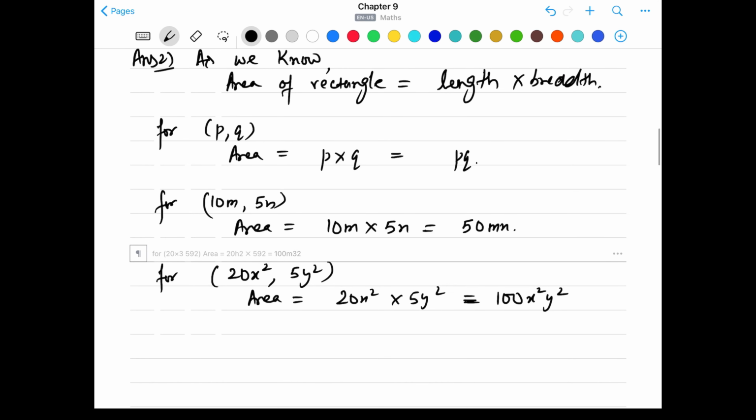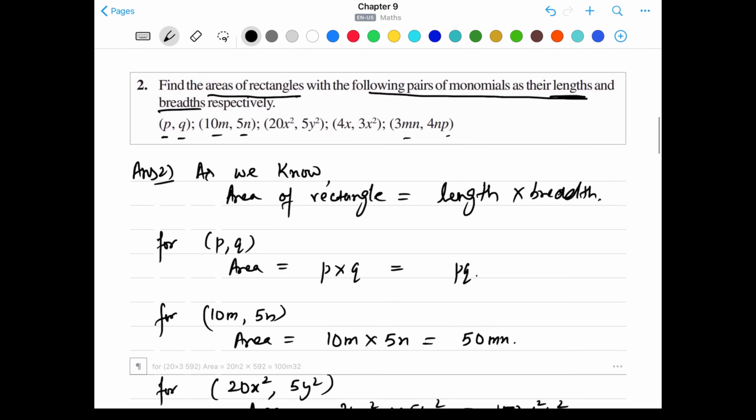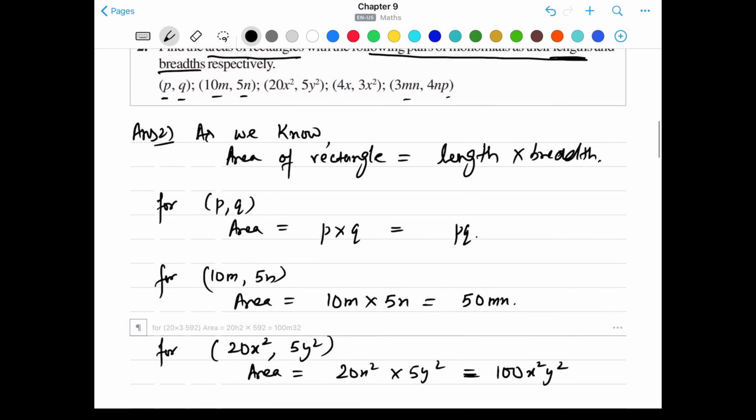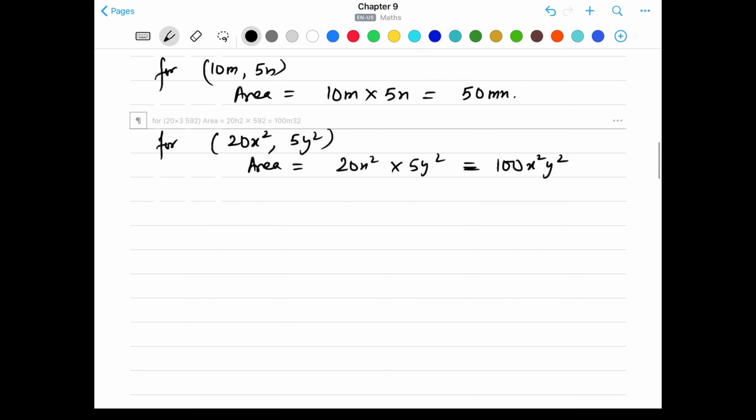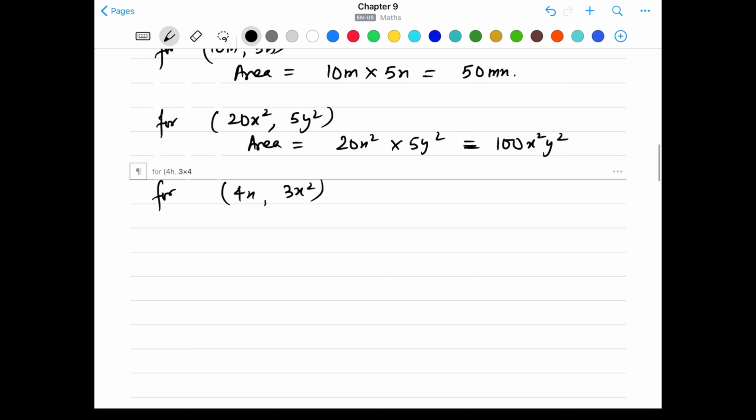Next one is 4x and 3x square, area will be 4x into 3x square, that is length into breadth. So 4 into 3 will give us 12, x into x square will result into x cube.